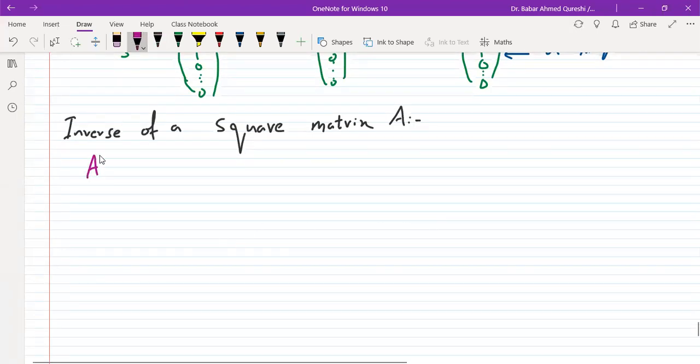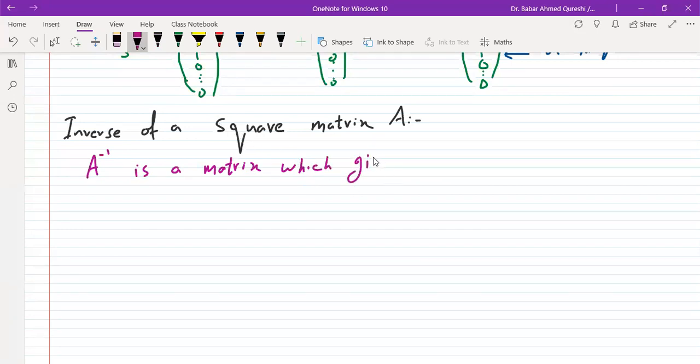So A inverse is a matrix which gives identity when multiplied with A.